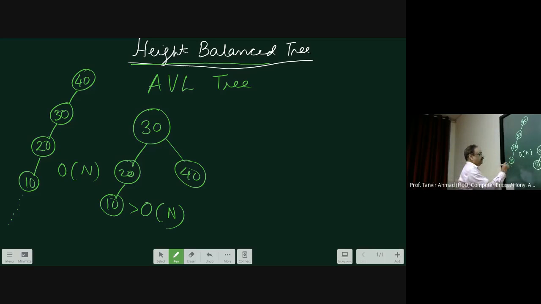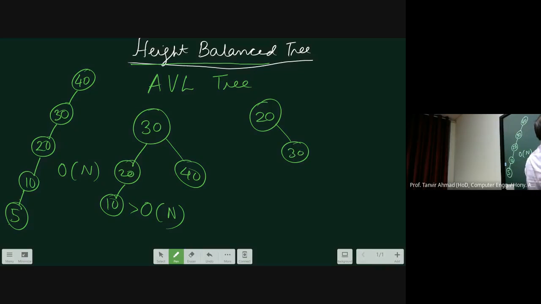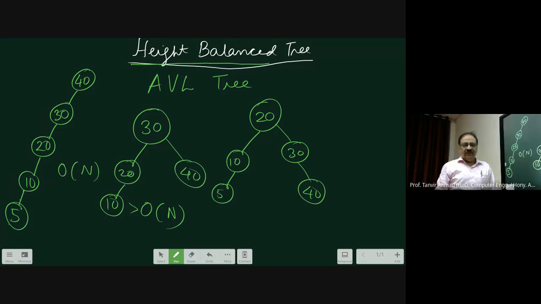For example, I have one more number. For example, let us take 5. And I make this like this. Now the complexity for these two is the same, because the height of this is going to be 3, and the height of this is also going to be 3.